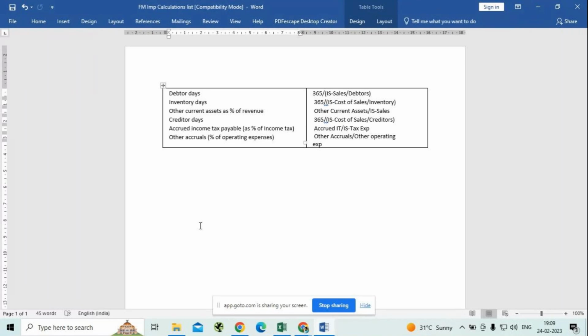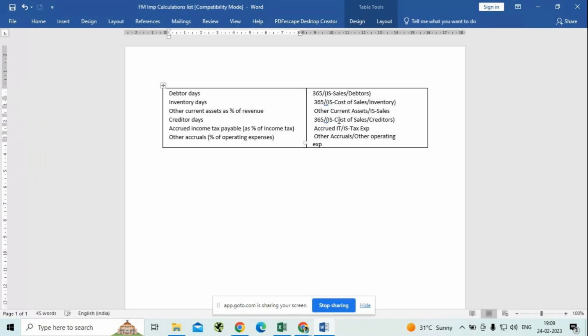Whenever you calculate for credit period purposes: for the creditors, you have a credit period; for the debtors, you have debtor days. In this way, you are going to use certain formulas.